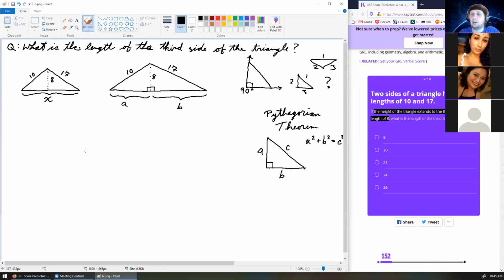Let's take the first triangle, the triangle with A on it.